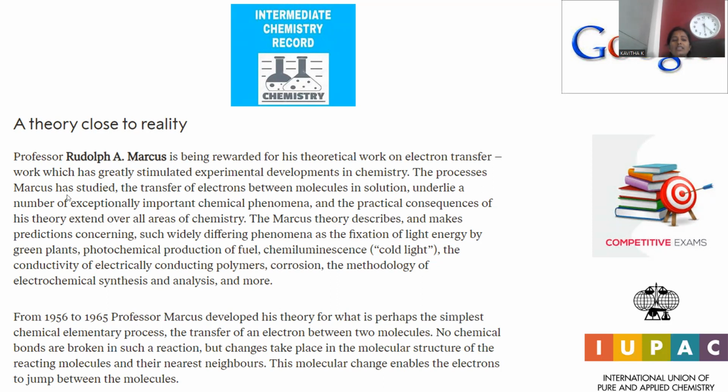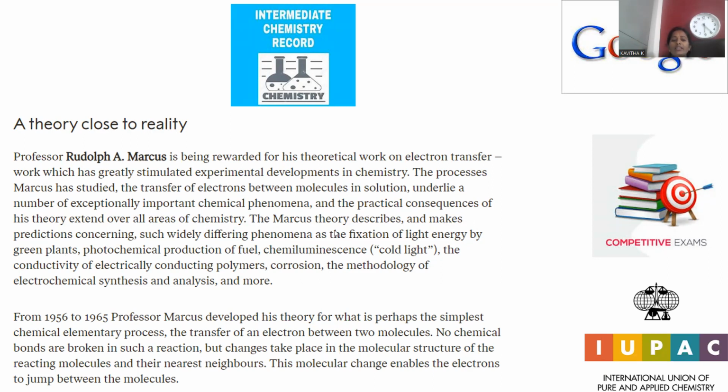Marcus has studied the transfer of electrons between molecules in solutions, which underlies a number of exceptionally important chemical phenomena, and the practical consequences of his theory extend over all areas of chemistry. Whatever he framed is called Marcus theory, which was extended to various fields of chemistry irrespective of branch.